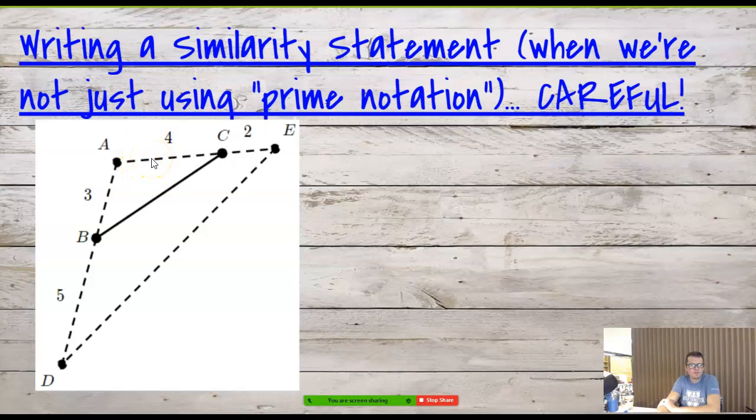Wait, what? Get the order right. Katie Ann, what? It's not matching up, so you really have to flip it. So really, AC will be the same as AB.